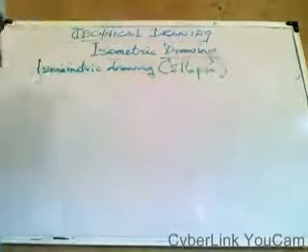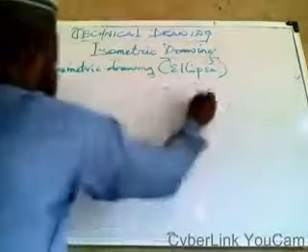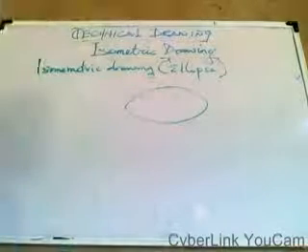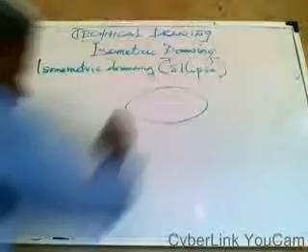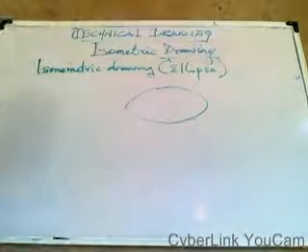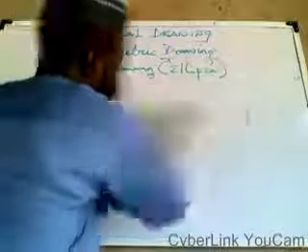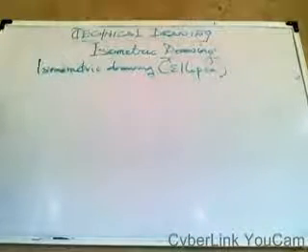What do I mean by ellipse? An ellipse is something like an oval shape, something like this. It's not a circle, but oval like that. That is the shape of an ellipse. So how are you going to achieve this in isometric drawing? Let me first of all write the procedure before you can practice it at home.